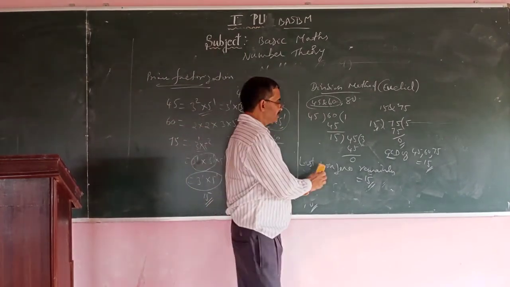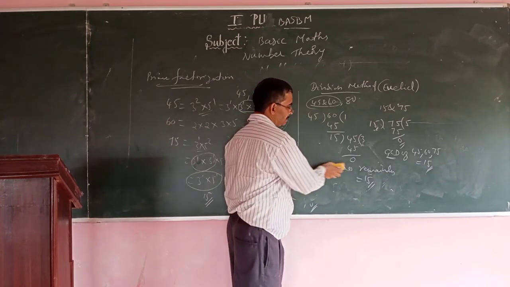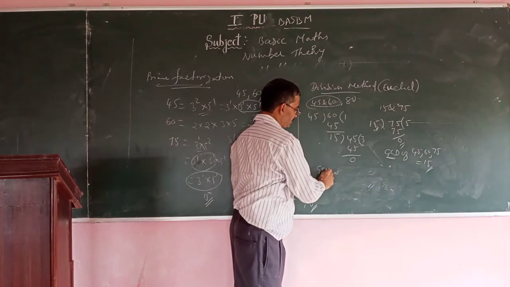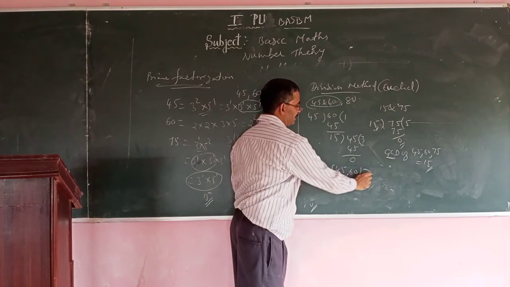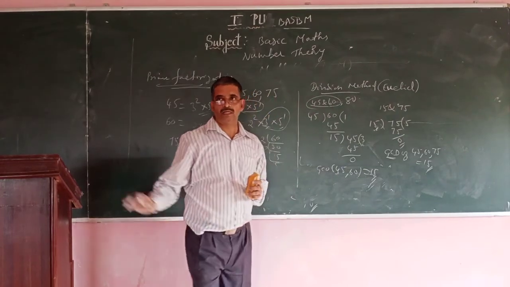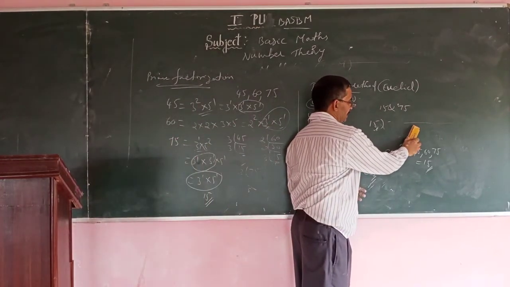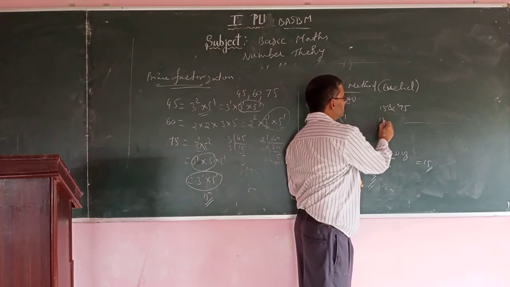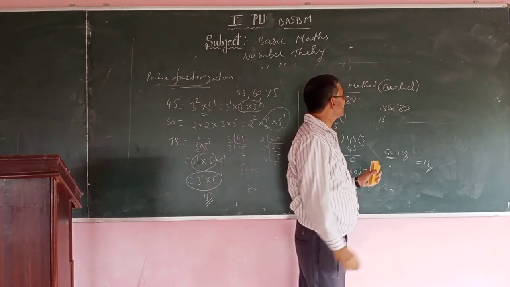First part is the same, means what you will do is we will get 15, GCD of 45 and 60. Same process with 80 now. Do the same process with 80 now.